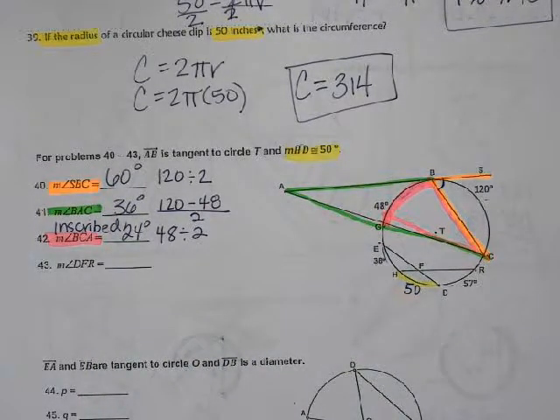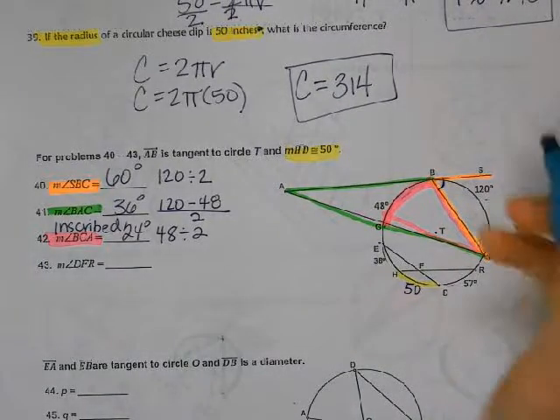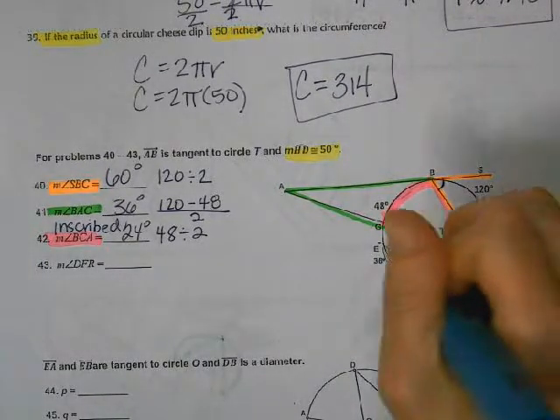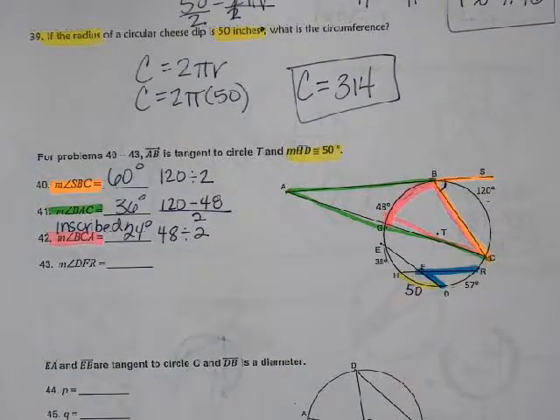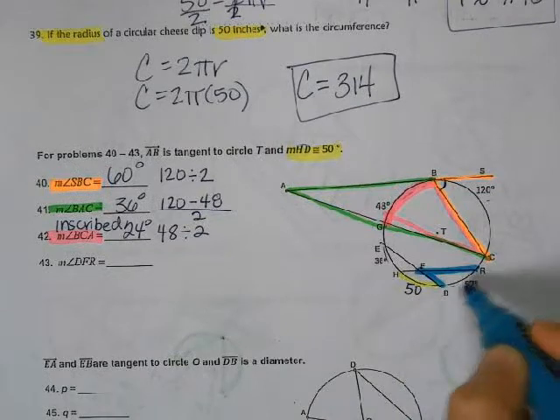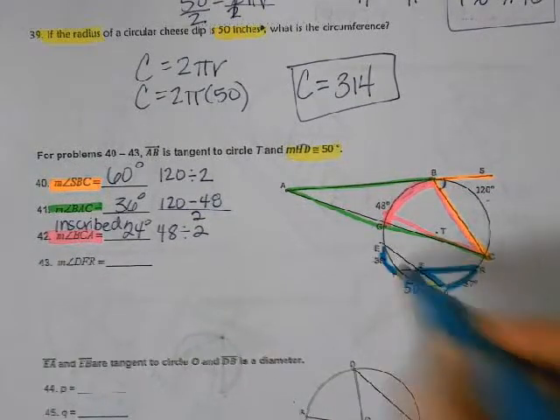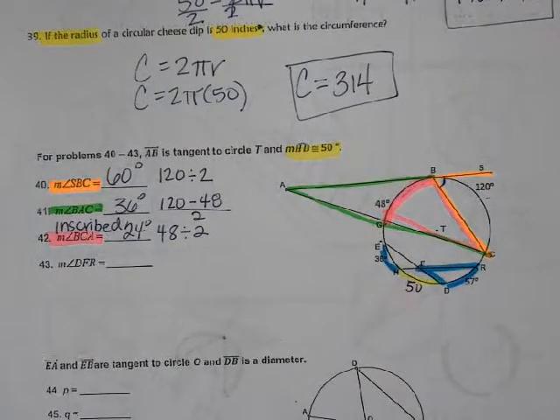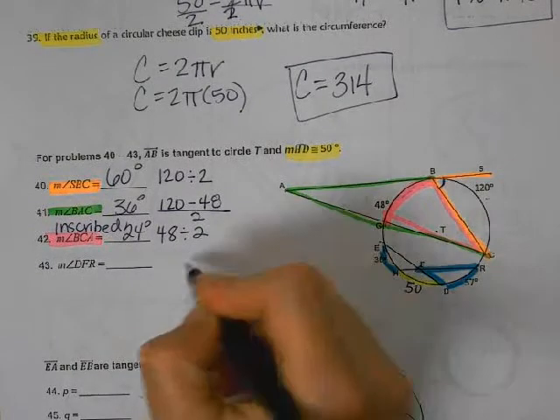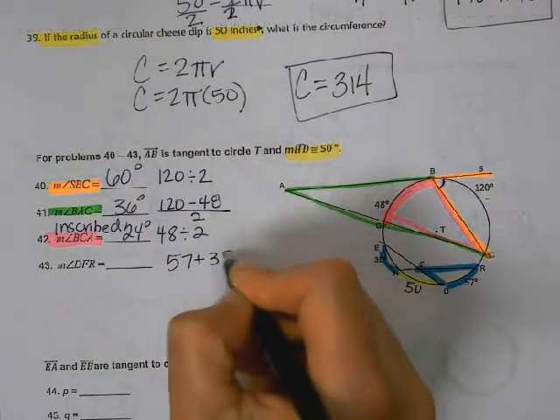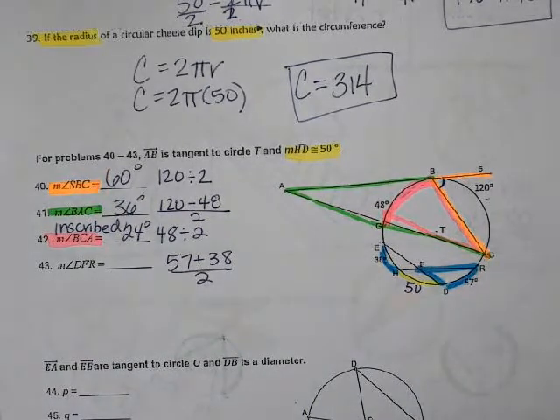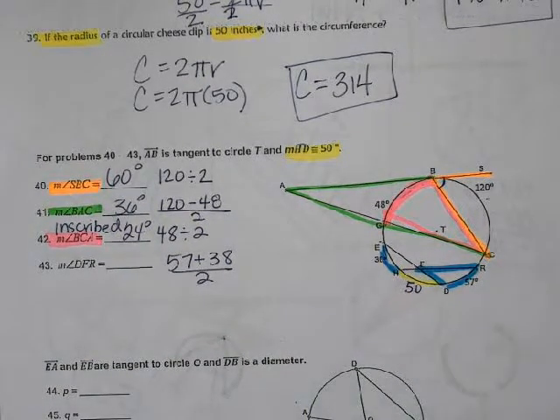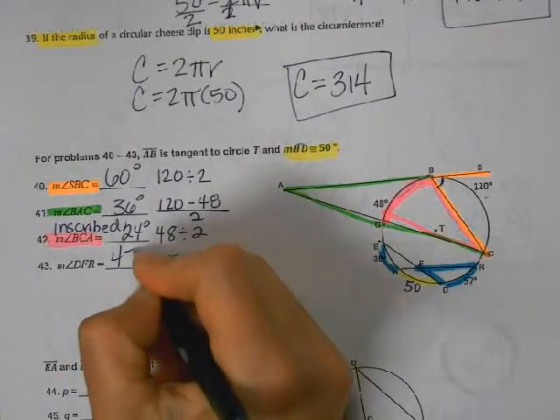Lastly, it's asking for angle DFR. So angle DFR is right here. And remember, we're going to do that by using intersecting chords. So we're going to take this one and this one and add them together. So 57 plus 38, divided by 2, is 47.5.